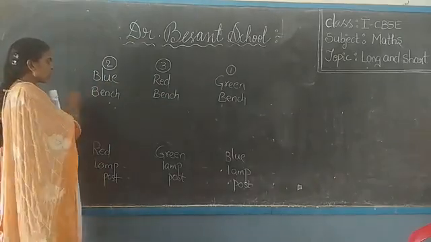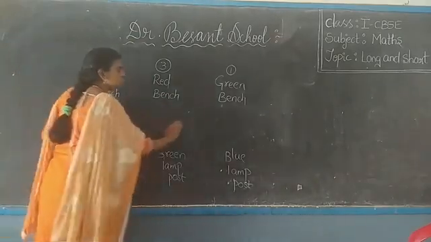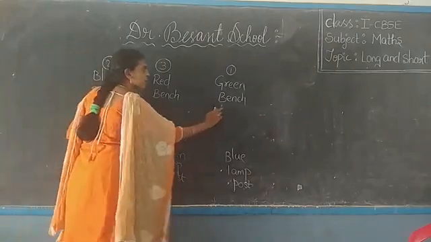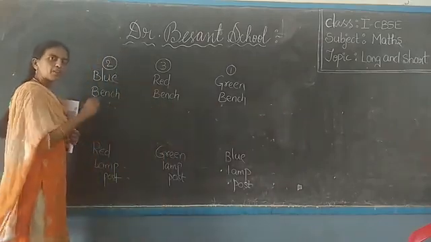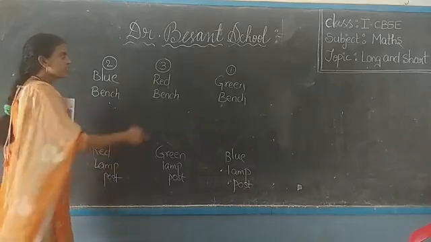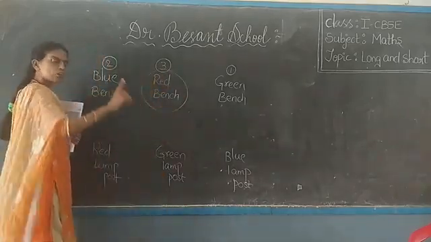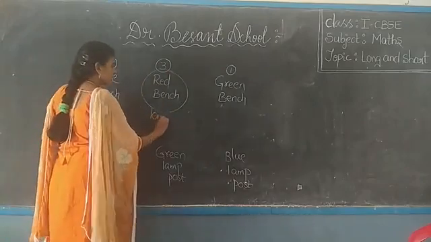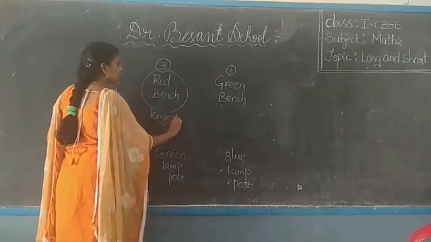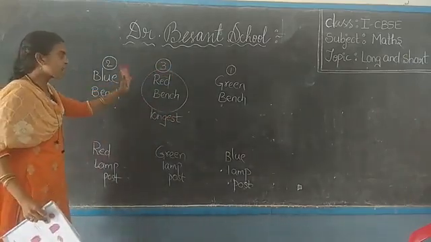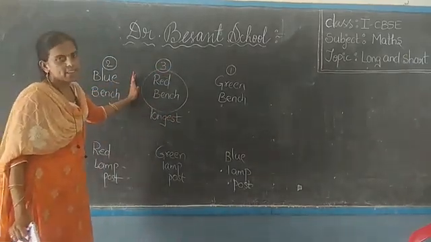First of all, this blue bench is compared with this green bench. And this red bench is also compared with this green bench. From that, what can we understand? This red bench is the longest, because there is no other bench longer than this red bench.